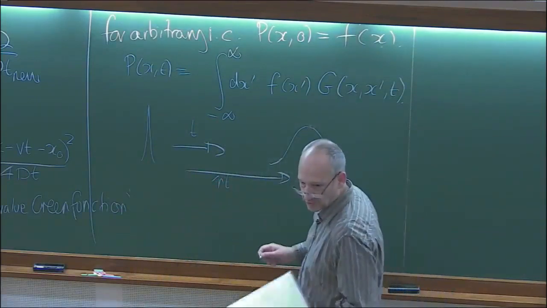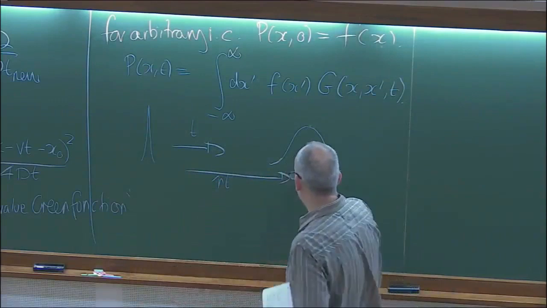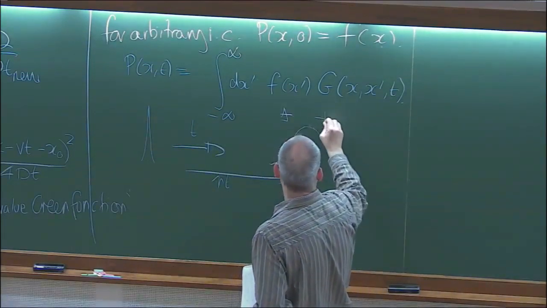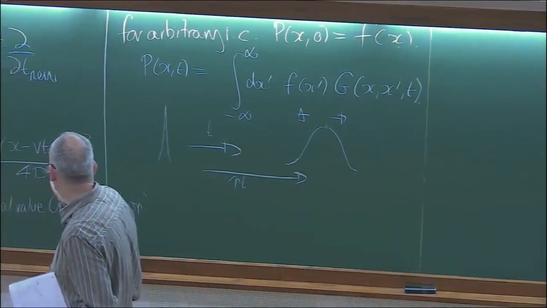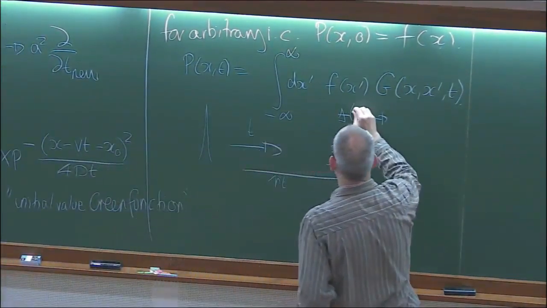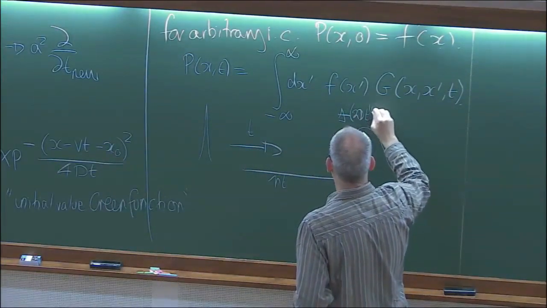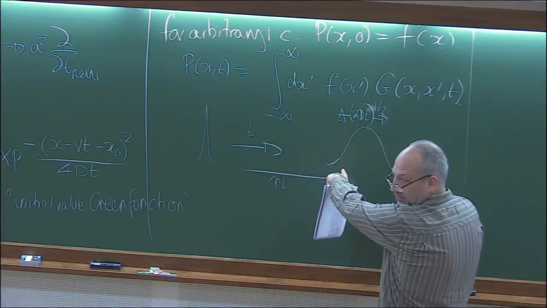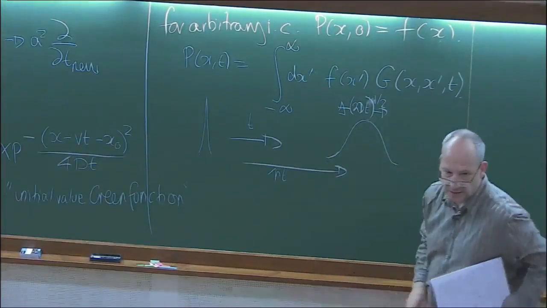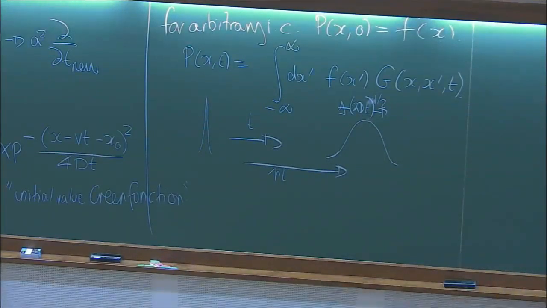The probability distribution spreads out, and a measure of the width is the square root of 2Dt. So the extent of the distribution increases as t to the half. And this is where we see the dynamic exponent. The time for it to spread out a distance L is L squared. And that's where we get the dynamic exponent, z equals 2.